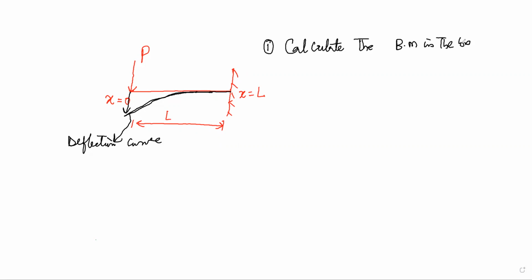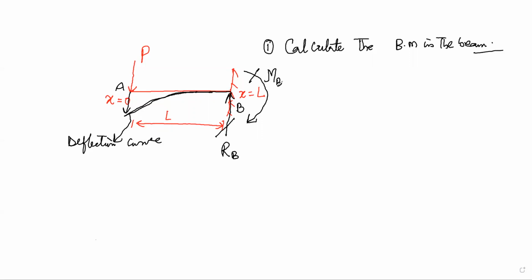And we know, once we draw the shear force and bending moment diagram, how to calculate the bending moment in the beam. We know at the fixed end there is a reaction upwards that we call RB. This is end B, this is end A. And at the fixed end, we also have the bending moment, that we call MB.